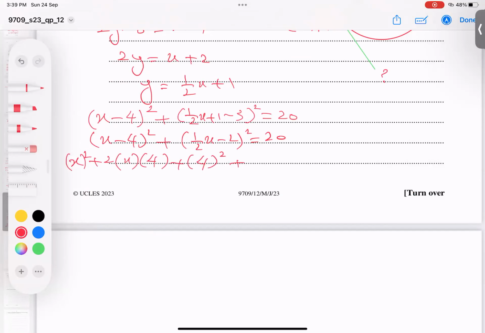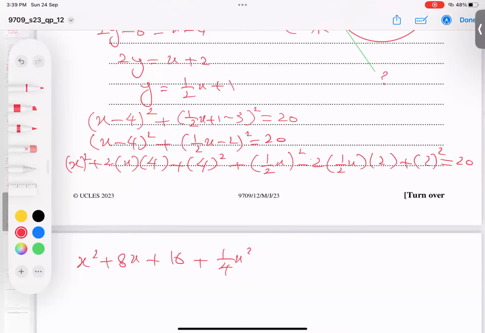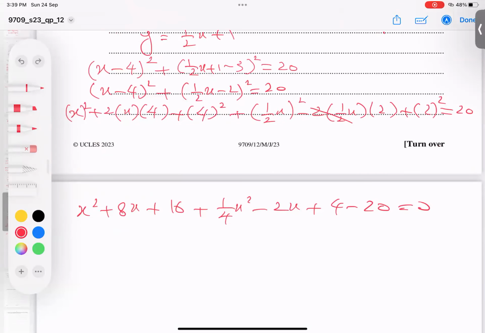Same story here. So half x square, negative 2 into half x into 2 and plus 2 square equals to 20. Here I got x square plus 8x and plus 16 plus 1 over 4 x to power 2. And this 2 to cancel, I got negative 2x and plus 4 and negative 20 equal to 0. Half x is 1, I got a 5 upon 4.